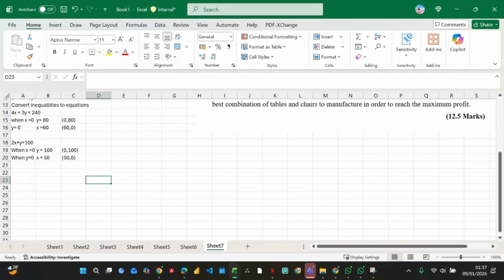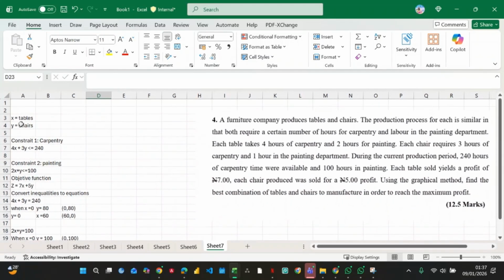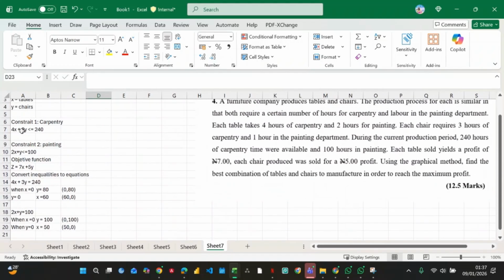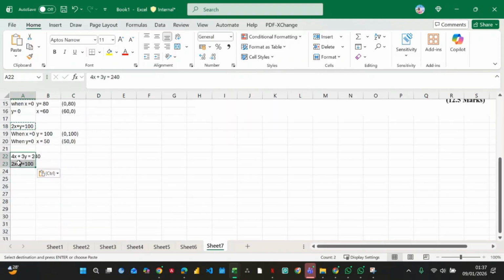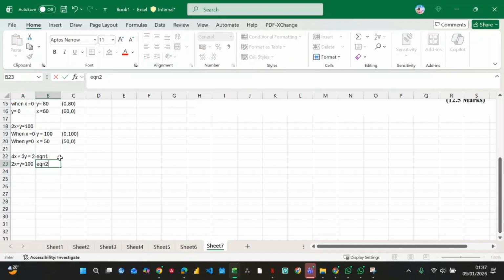We are going to look at the simultaneous equations here. This is equation one and equation two, right?